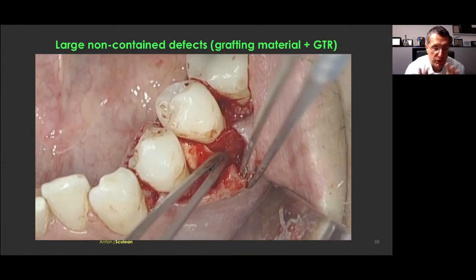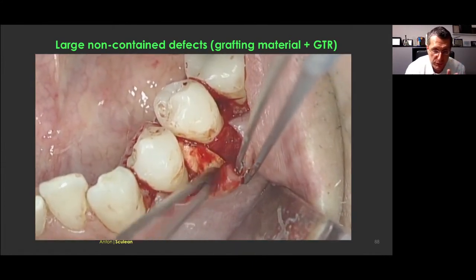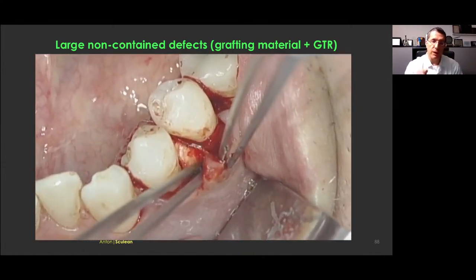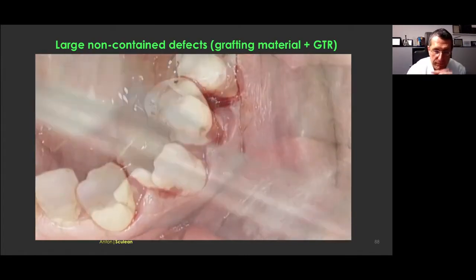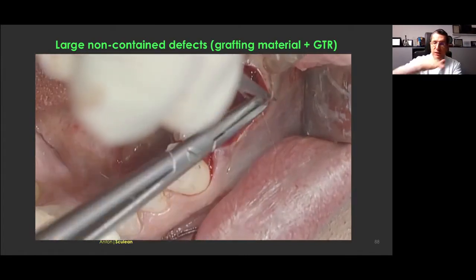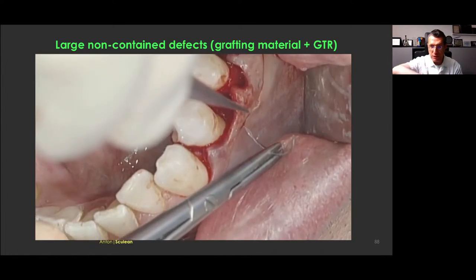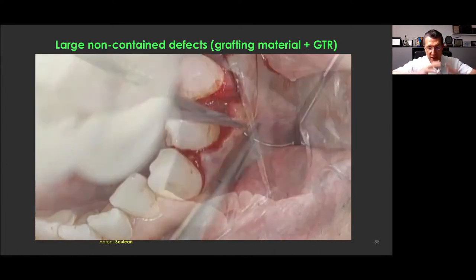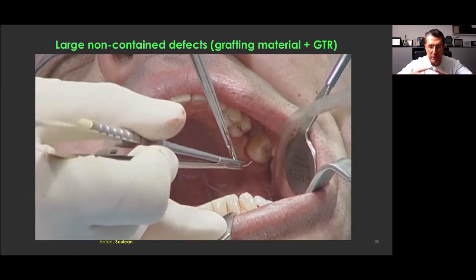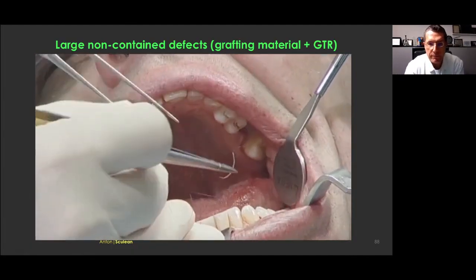For bone regeneration is another story. For perio regeneration, 4 to 6 weeks. And then I take the other part of the membrane and I place it like a belt, okay, enhancing additionally the stability of the area.